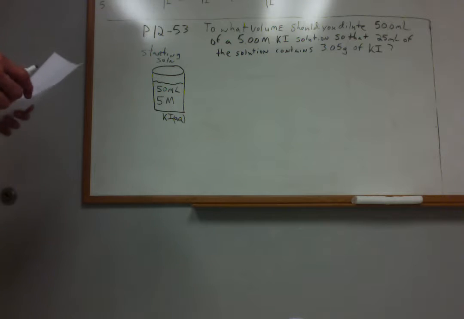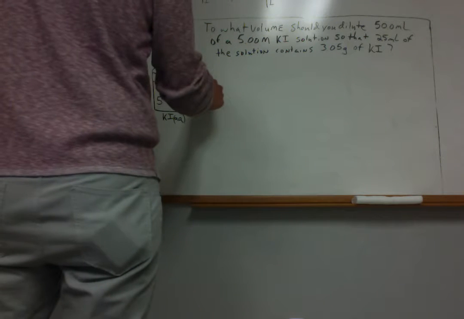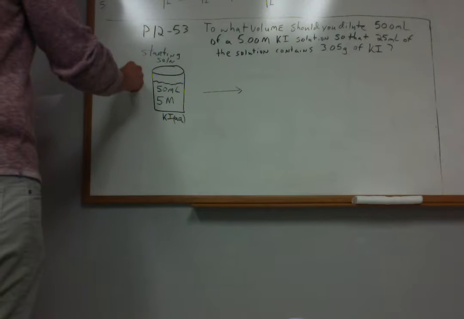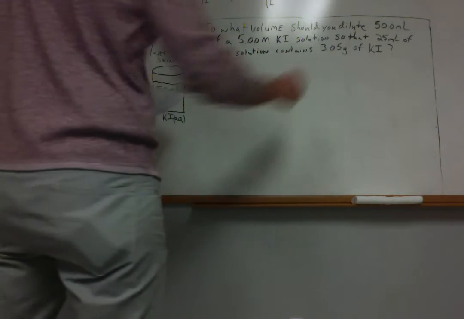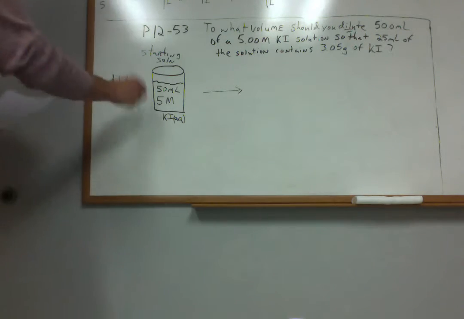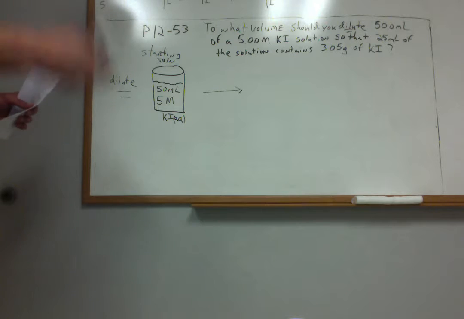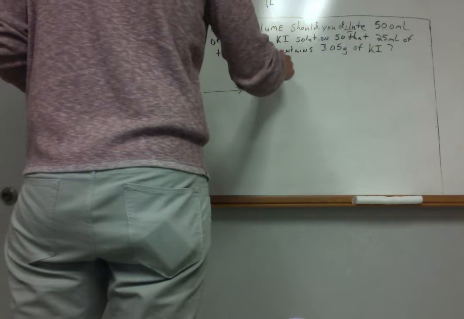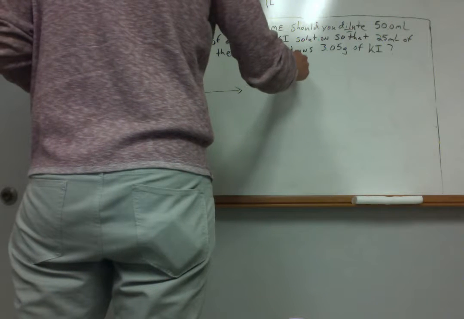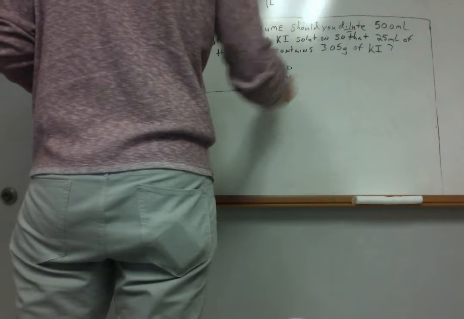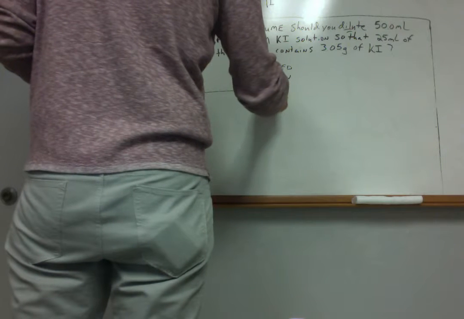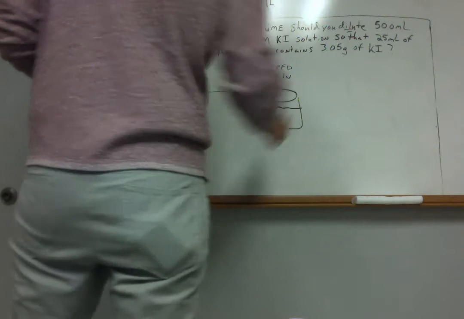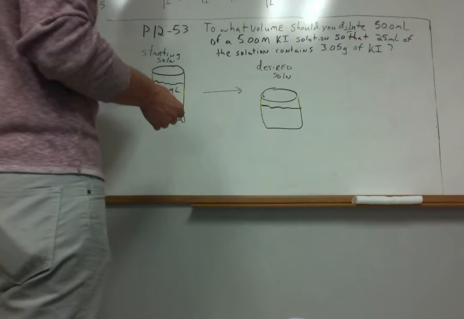And what this is basically asking me is I want to take the starting solution, and the key word is dilute. I want to dilute it, which means to take it and add solvent such that it's less concentrated. Okay, so my desired solution characteristics are different, okay? What do I know about the desired solution?